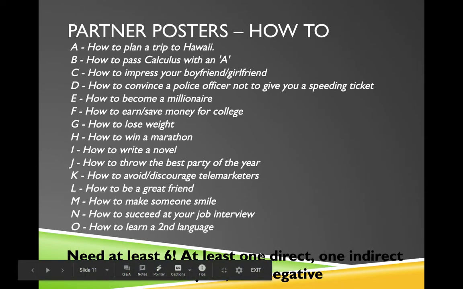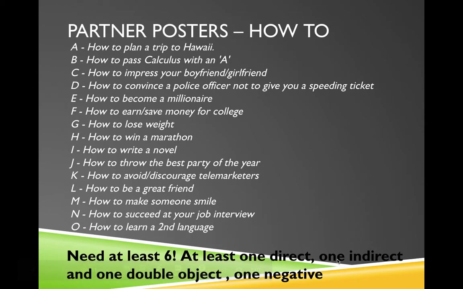So you need one direct object, meaning the thing that receives the action, and one indirect object that receives the direct object. So if you have your mom in the room, you say pass it to her, meaning the phone to her, your mom.